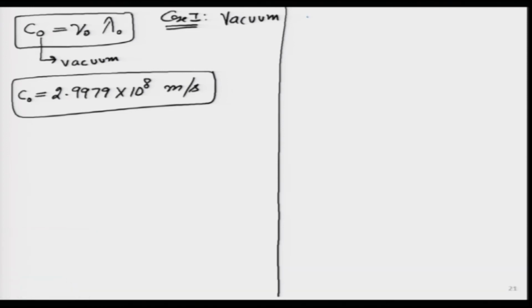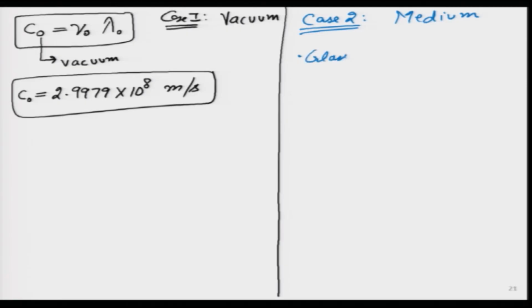Then later on I am more curious, I am not satisfied just in vacuum, I want to also do it somewhere in another medium. So, what are some mediums in which light or electromagnetic wave can travel? I can see all around even while wearing these glasses. So, maybe glass is one medium in which electromagnetic wave can travel, air is another one, many of the liquids as well.